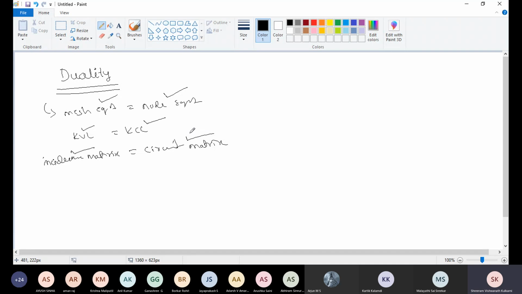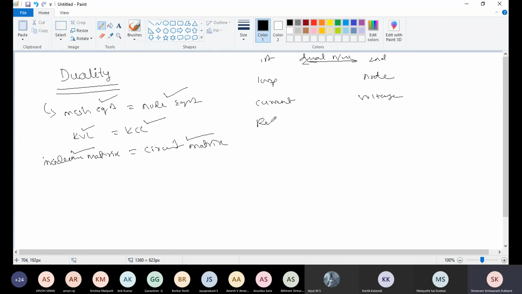So simple. Here we can see loop analysis and node analysis. This is the first network. This is my second network. I can say these are dual networks. Now, if a current source is in the first network, I am going to replace it with a voltage source.